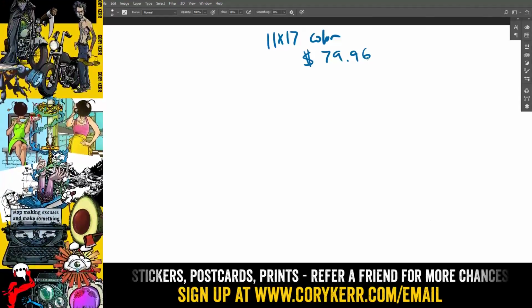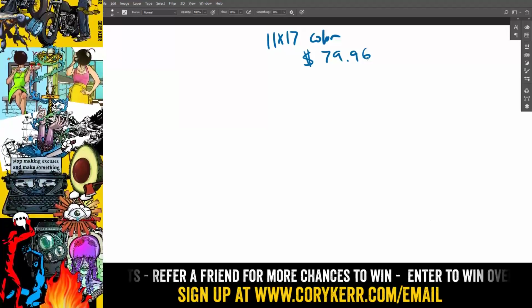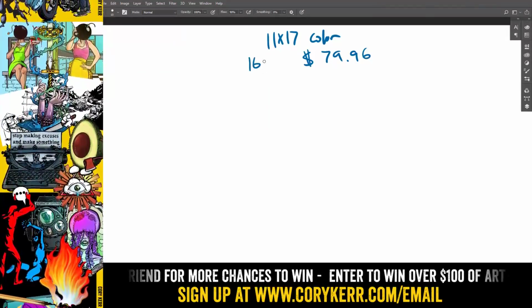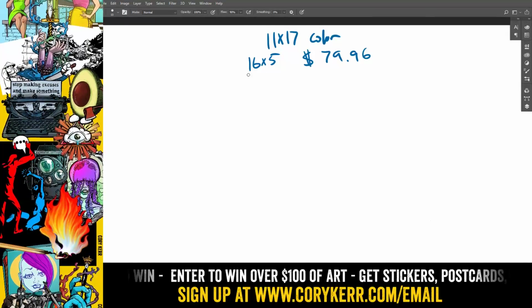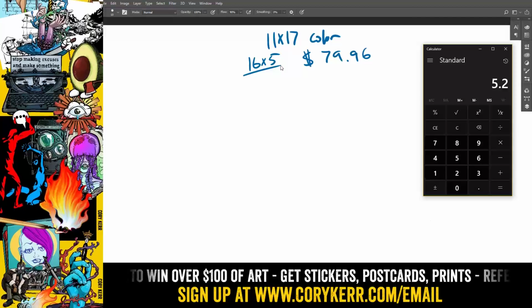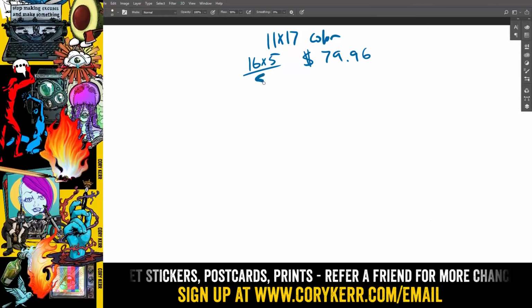And that got me 16 different designs, and I made 5 copies. So I had 16 different designs, and I have 5 copies of each, and so that equals 16 times 5. 80 different designs.